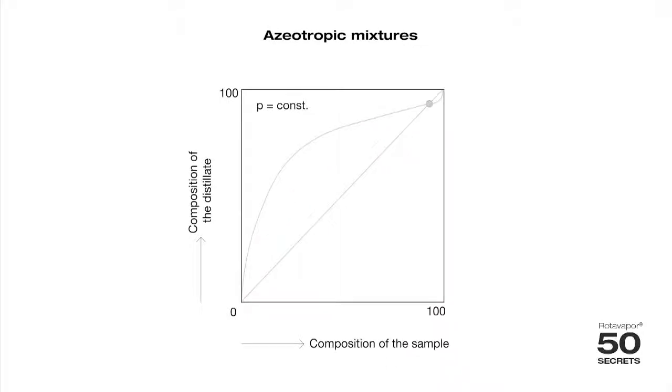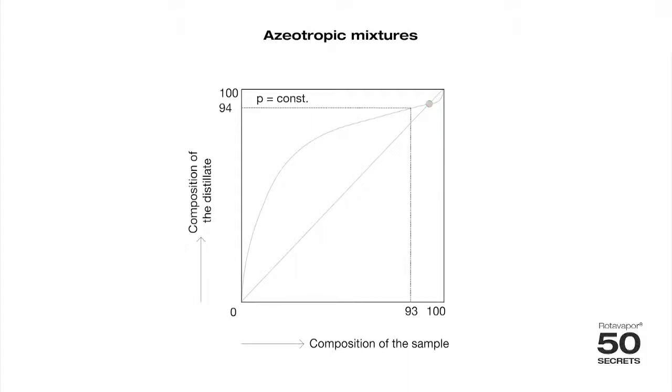The next chart has the same x and y axis. Now, this time we talk about azeotropic mixtures, and the curve is very different. You can see it's like a Swan curve, but curved to both sides. And if we have the example we measured before, we could see that the azeotropic point by literature is at 96%.